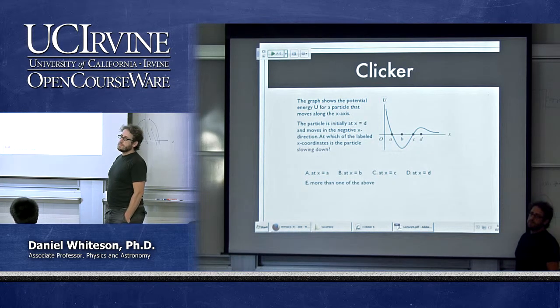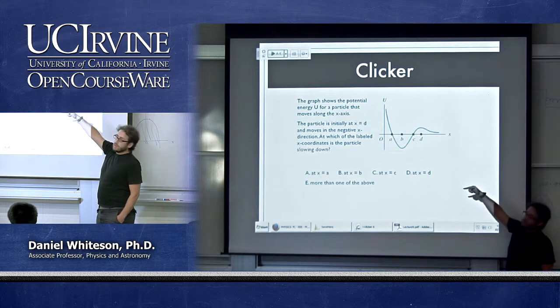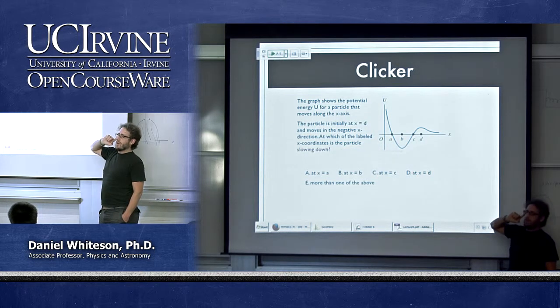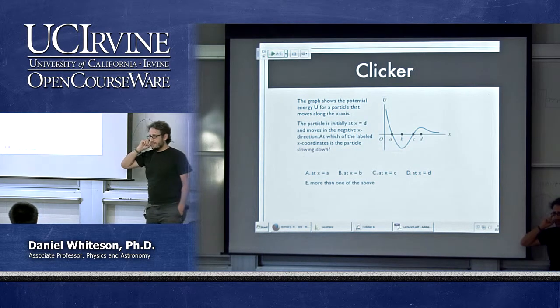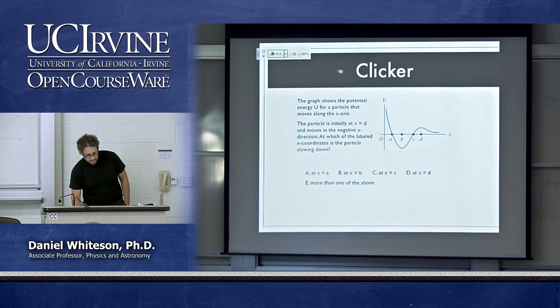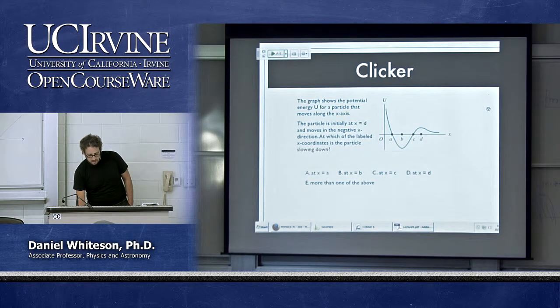Because at that point the potential energy is increasing. Well, it starts at D, remember, and it's going this direction. Oh, okay. So B, A. Good. It is in fact A. I suspect some of you made the same mistake.